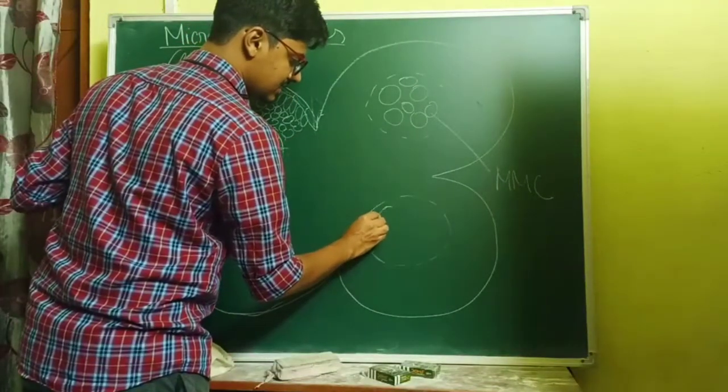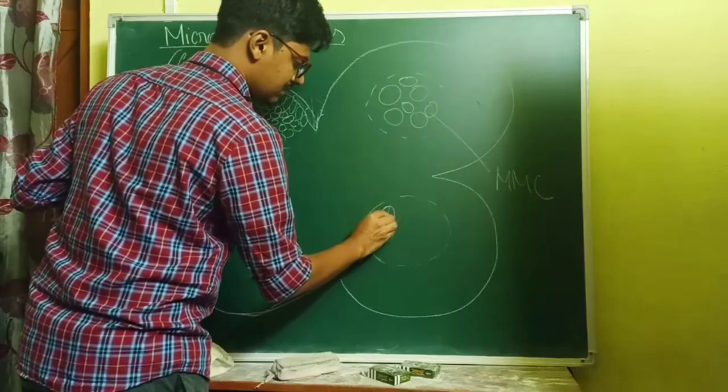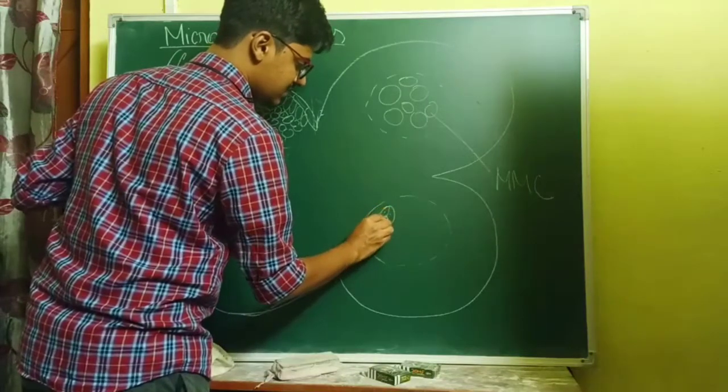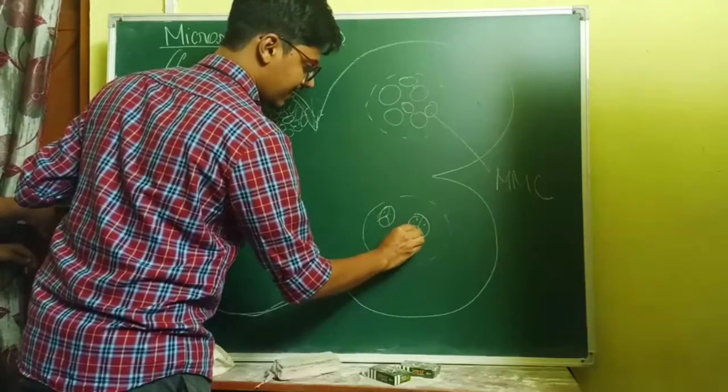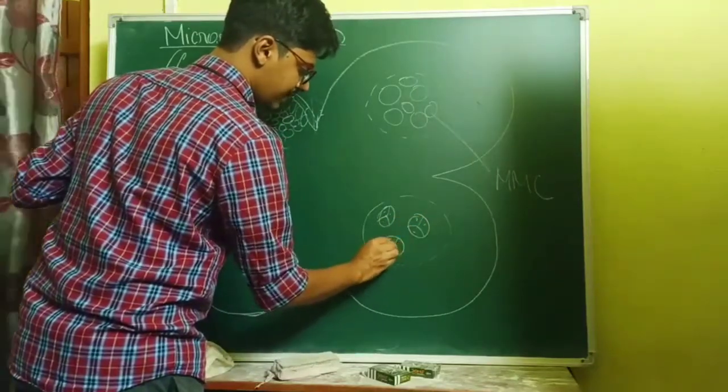The cells went through division and formed a tetrad. So here we are able to see the microspore tetrad.